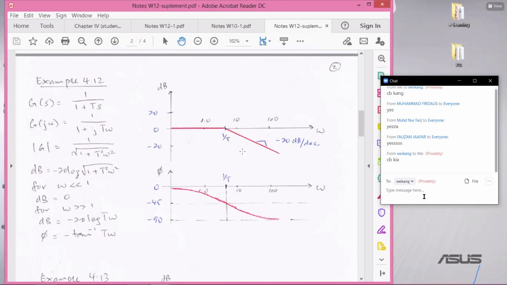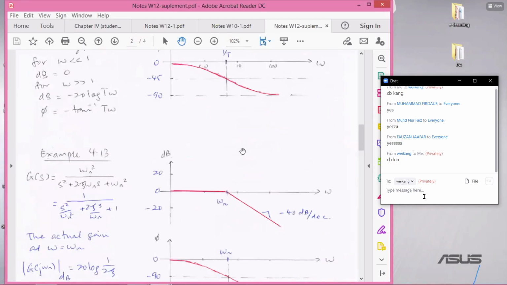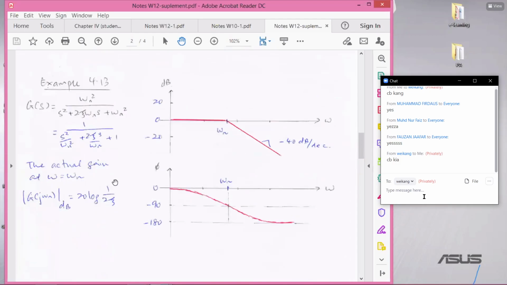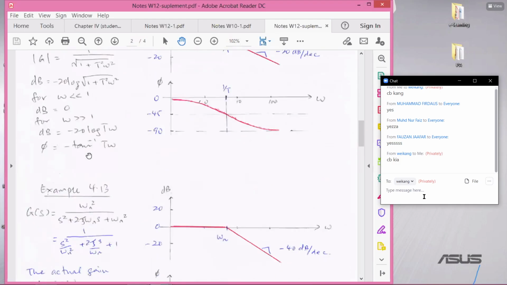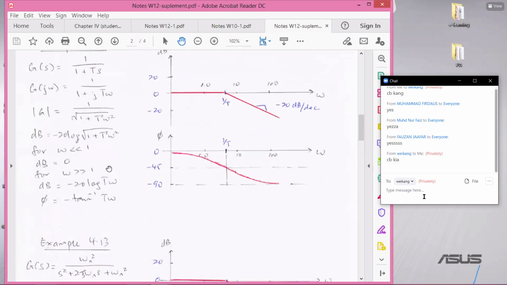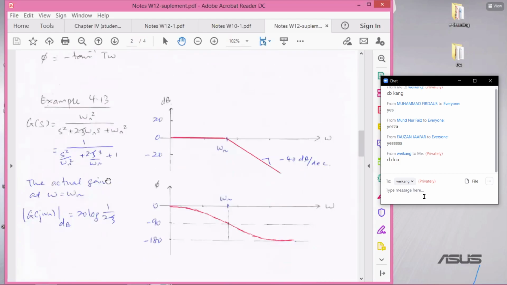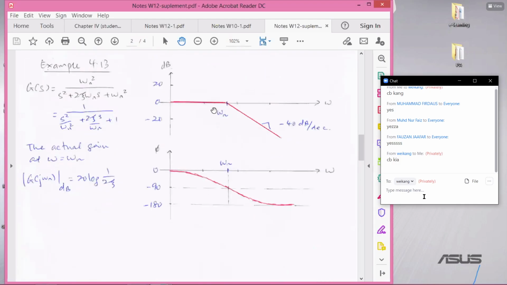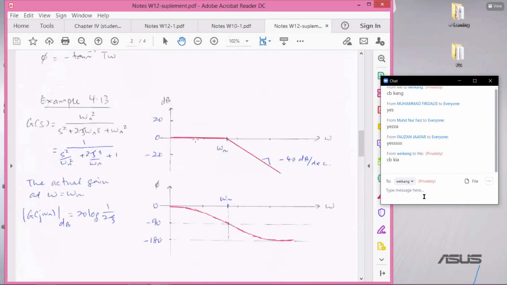And then you can use the same argument for second order. For a second order term, you can translate this into that expression. And of course, you use the same argument for small omega and large omega. For small omega, you have 0, and your break frequency is at omega n.